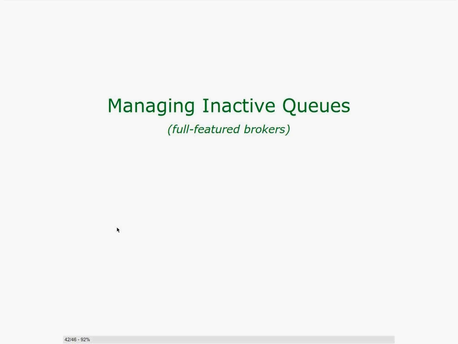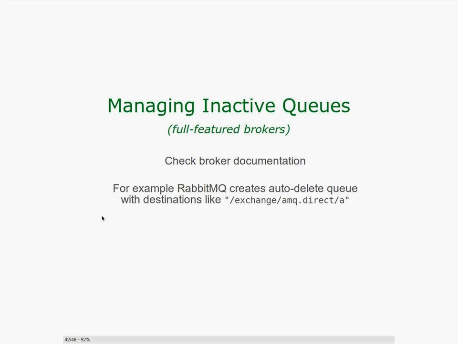Now, when you work with user destinations, there's going to be a large number of queues, because each user is going to create a queue that they need to work with. And that means that you need to worry about removing these queues, and exactly how you do that depends on the STOMP broker.